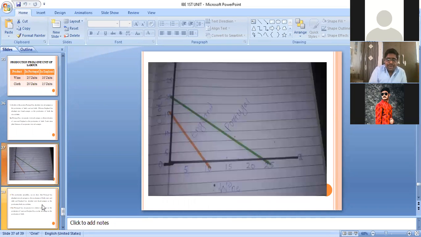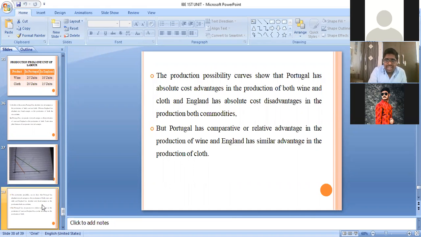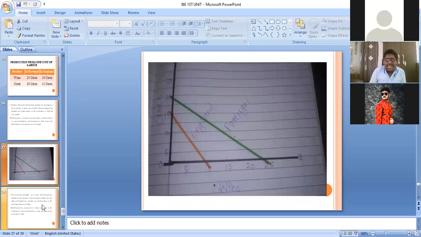But David Ricardo gave a suggestion through the comparative trade: Portugal in wine and England in cloth. If this happens, the trade can take place. So this was about the comparative theory. I hope everyone has understood the absolute cost advantages theory and comparative advantages theory.